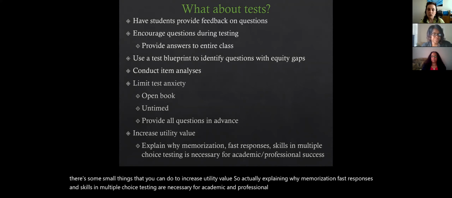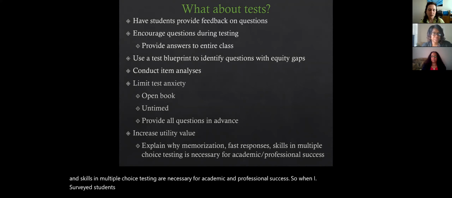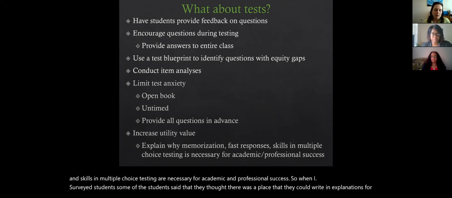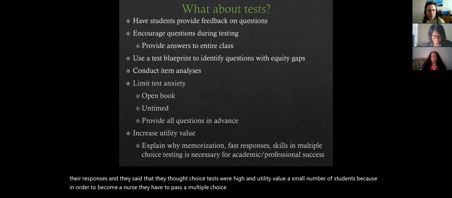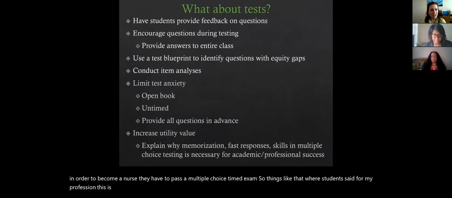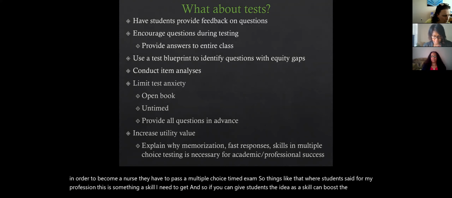When I surveyed students, a small number of them said they thought multiple choice tests were high in utility value, because in order to become a nurse, they have to pass a multiple choice timed exam. So students said, for my profession, this is a skill I need to get. If you can give students the idea of that as a skill, that can boost the utility value.